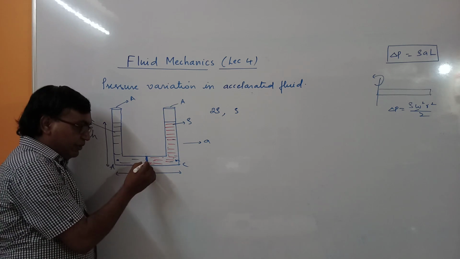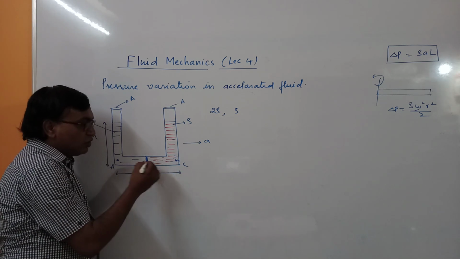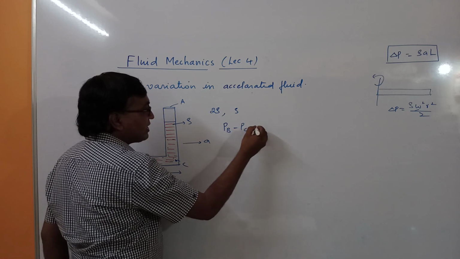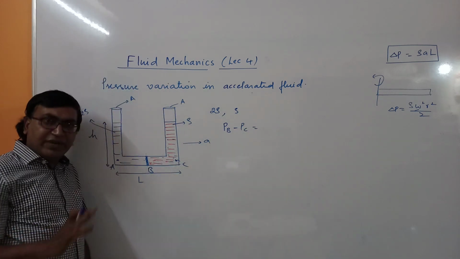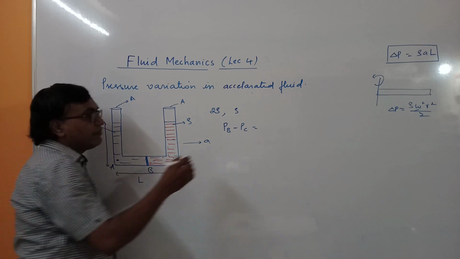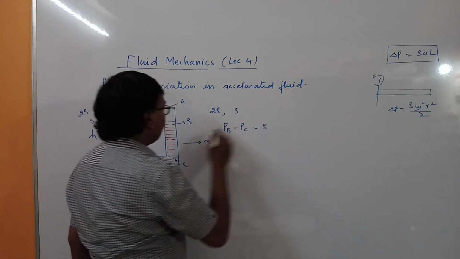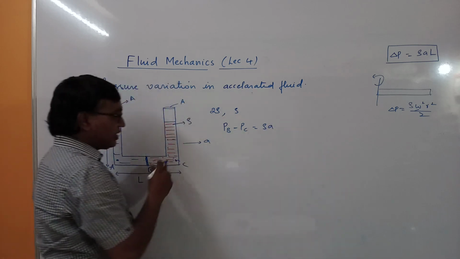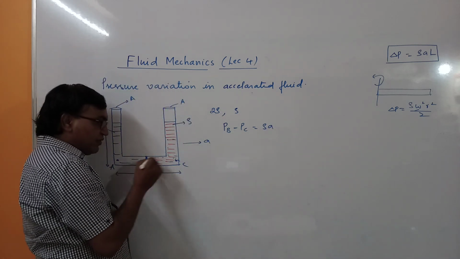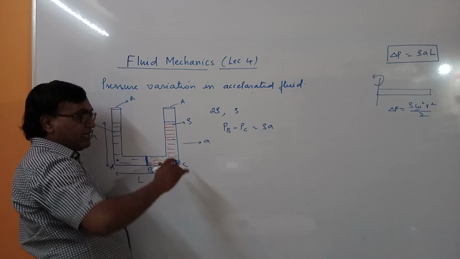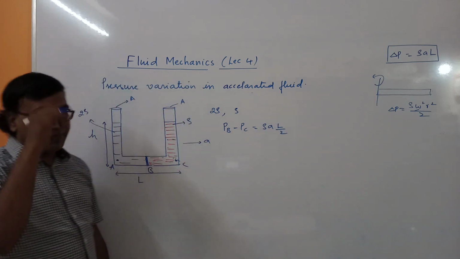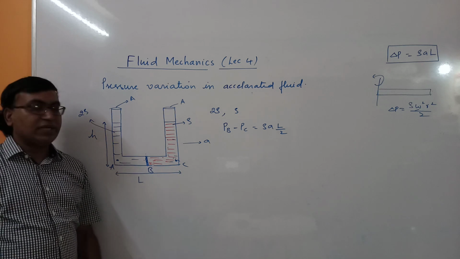So pressure at B minus pressure at C, same liquid, must be equal to rho, the density of the fluid, into A, the acceleration, and the distance between these 2 points along the horizontal direction is L by 2.